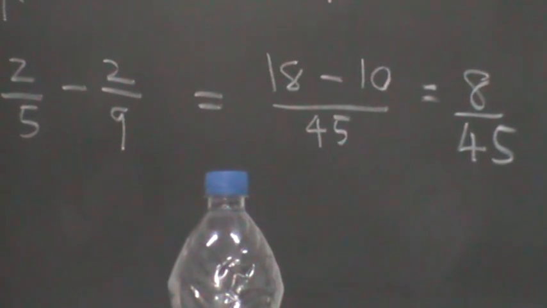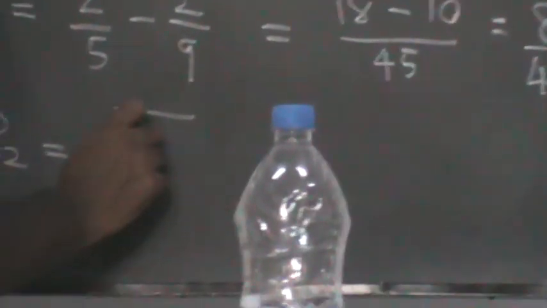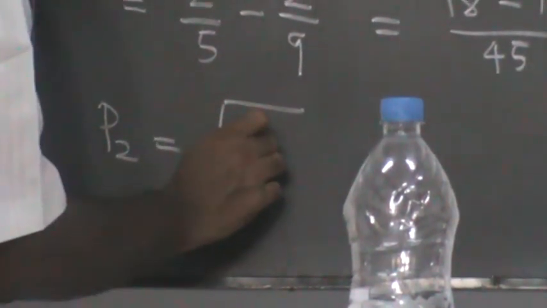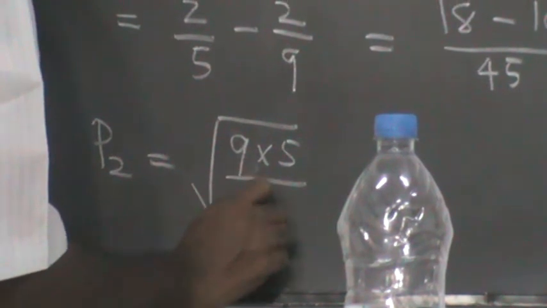So P2 will be equal to the square root of 45 by 8. I will write 45 as 9 into 5 and 8 as 4 into 2.